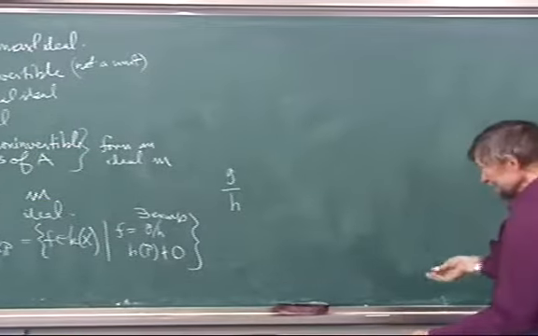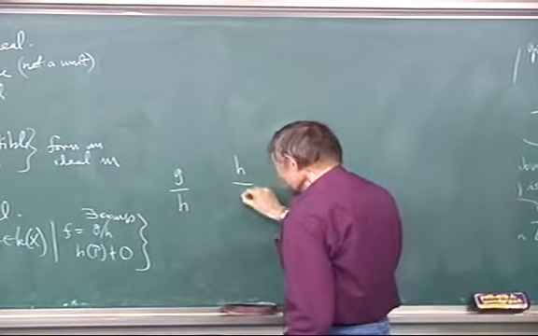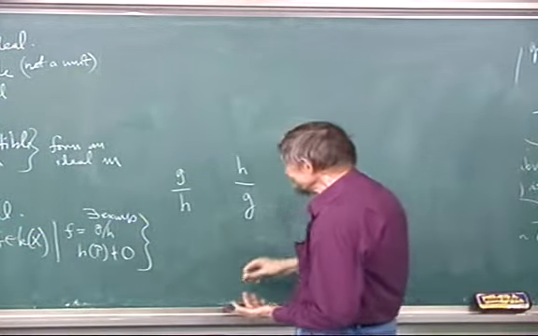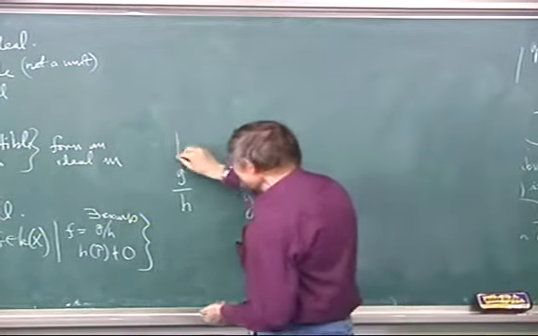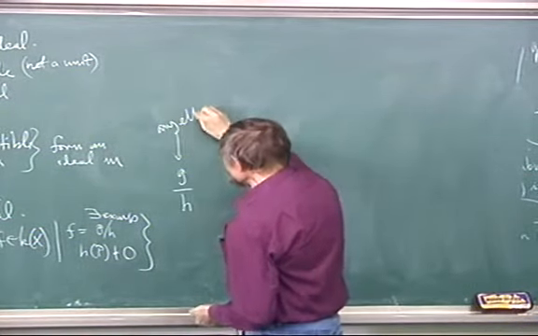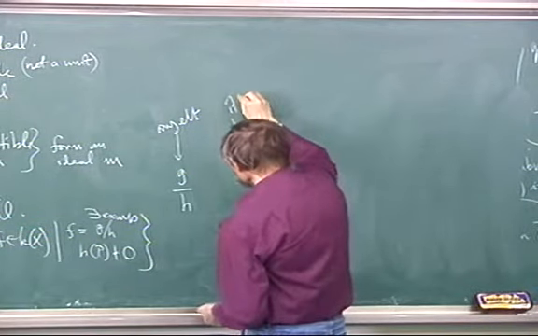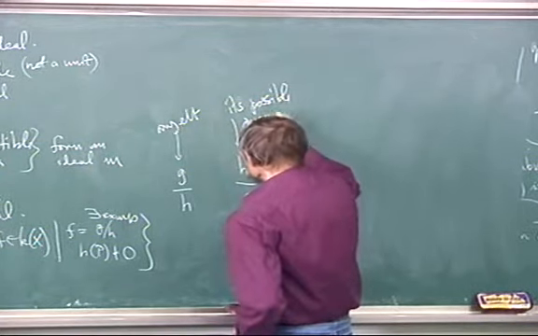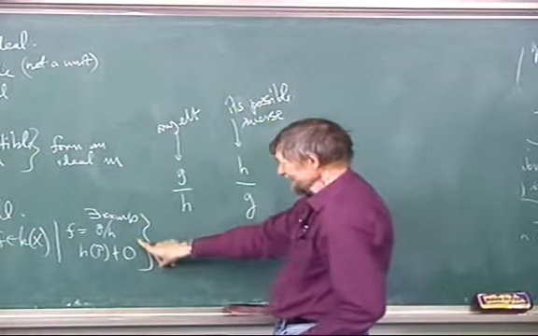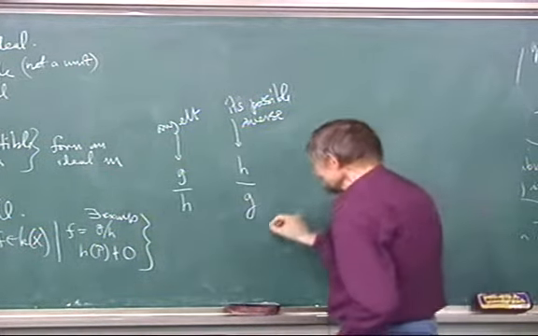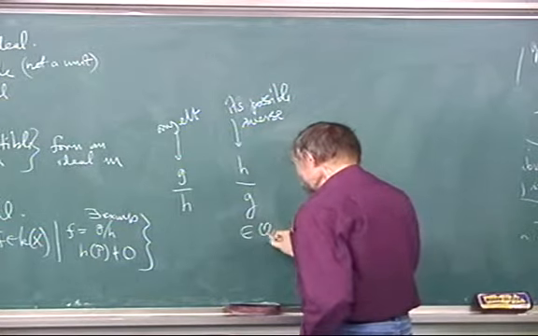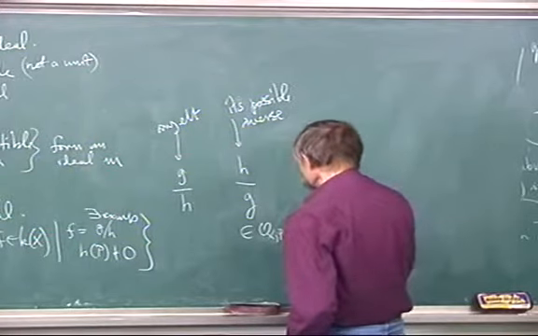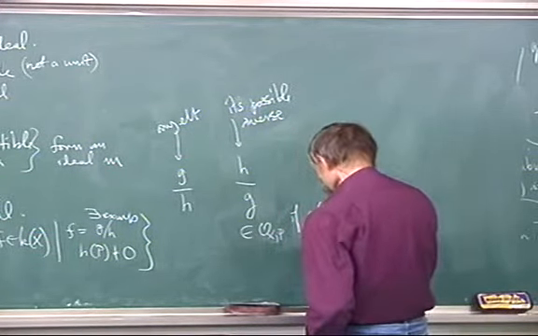If an inverse is going to exist, then you'd expect it to be of this form, h over g. So when will this h over g be in there? This is any element, and this is its possible inverse. When is this in O_{X,P}? If and only if g(P) is not 0.